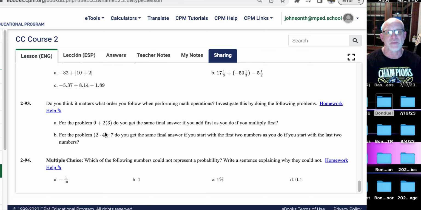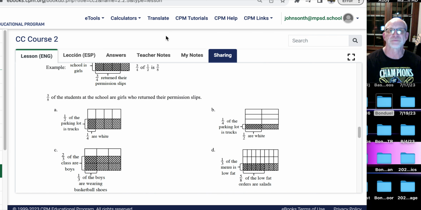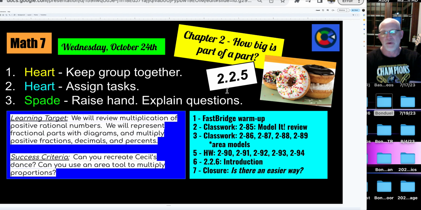And for this one, 2 times 4 times 7, do you get the same final answer if you start with the first 2 numbers, 2 times 4, or if you start with the last 2 numbers, 4 times 7? And then we want to figure out which one of these numbers could not represent the probability. -1/10, 1, 1%, 1/10. Homework help. Sound good?